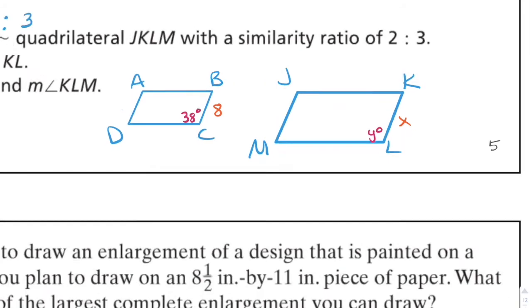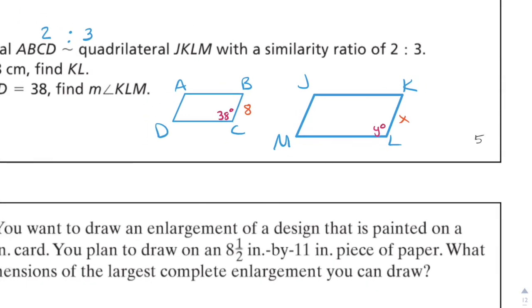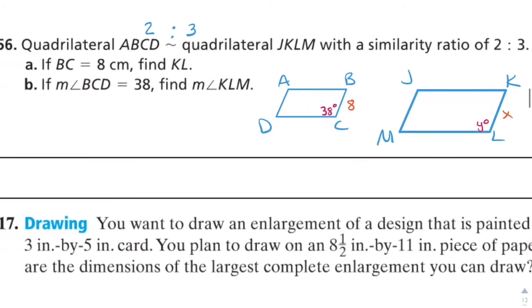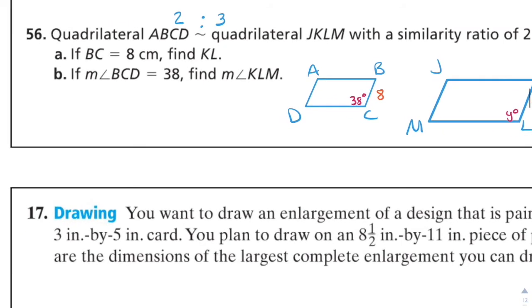I'm going to call it angle Y, so Y degrees. Well, because we know that they're similar, I think the easiest one to answer here is the measure of angle KLM. That's going to be equal to 38 degrees. It has to because they're similar. Notice right from our statement, BCD and KLM are the same angle.